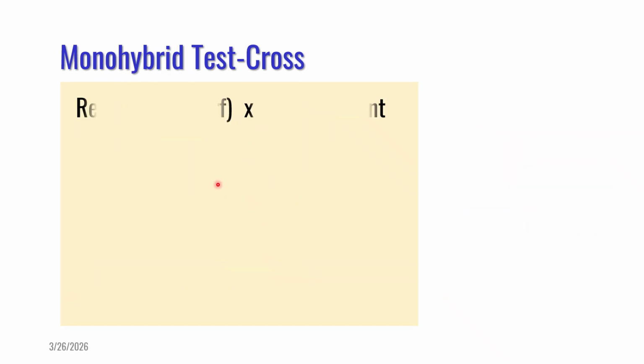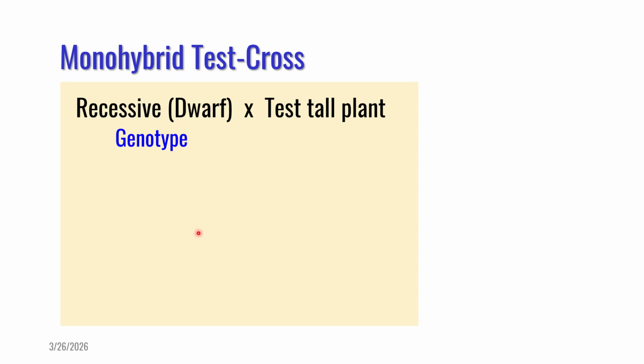Let us examine how the test plant with homozygous genotype capital T capital T will affect the genotype of the offspring plants. So the genotype of the recessive dwarf, which is the homozygous control, will be small t small t, and for the tall test plant, it will be capital T capital T homozygous.